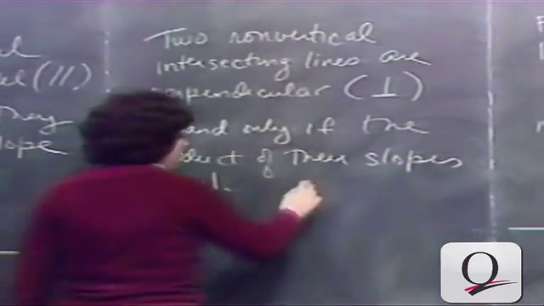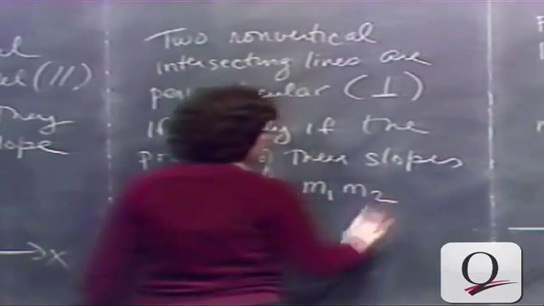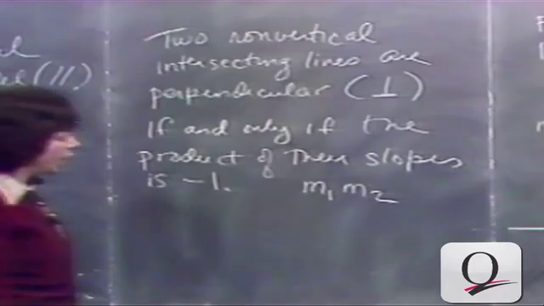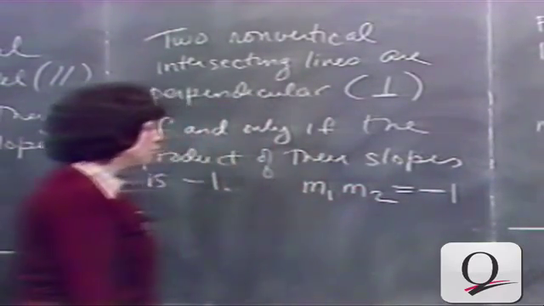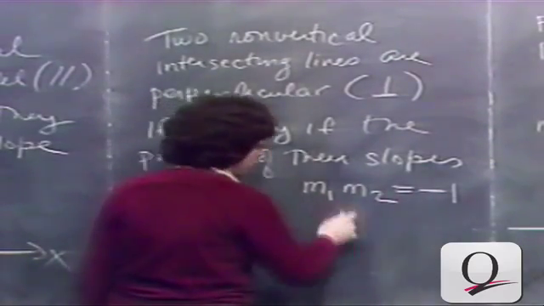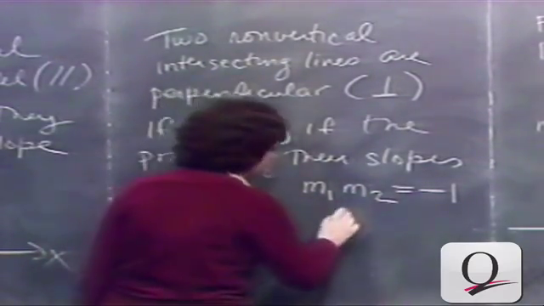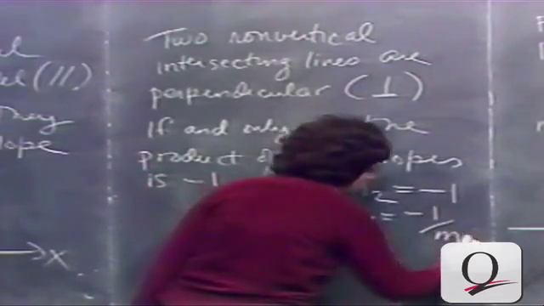If you were to consider M1 the slope of one of the lines and M2 the slope of the other line, then the product of their slopes is -1. If you knew the slope of one line, you could solve for the slope of the other line. For example here, dividing both sides by M2, M1 is equal to -1 over M2.